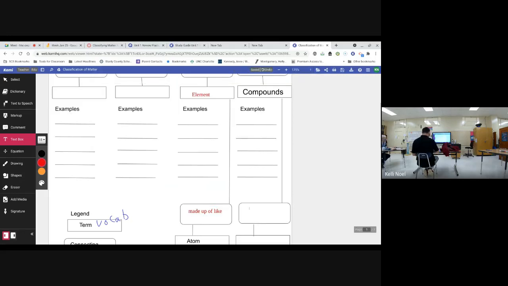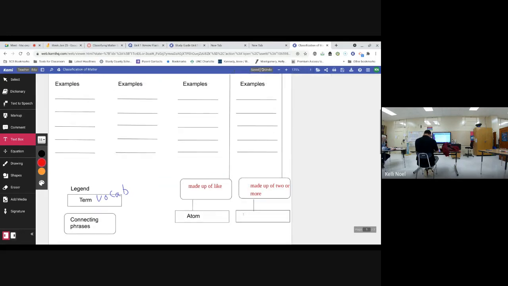Compounds, we know that they're made up of two or more elements. Then I come down here, and that has to be the word element.